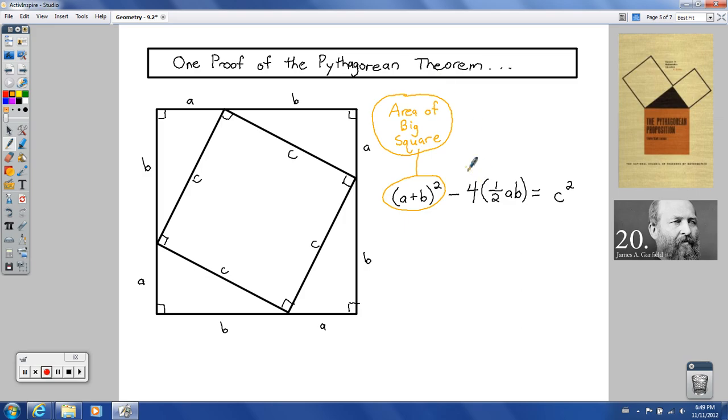And then this right here, the 4 times 1/2 ab, this is the area of the 4 triangles. So we're subtracting that from the big square, and what we're left over with is the area of the small square.